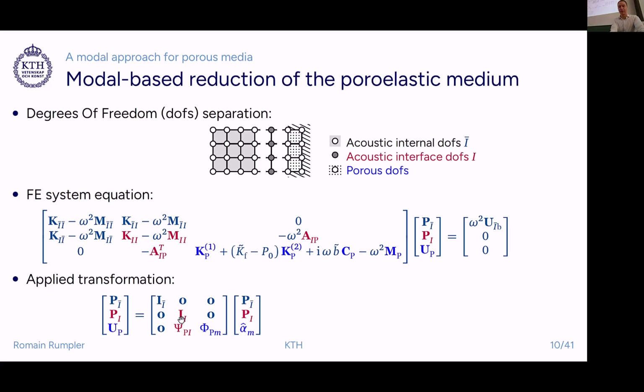And in order to link the interface to the inner degrees of freedom for the poroelastic domain, we will use attachment functions, the same that Olivier has been presenting, where essentially you impose a Dirichlet kind of boundary condition problem to the interface degrees of freedom, and you get the static response to that problem in the poroelastic layer.